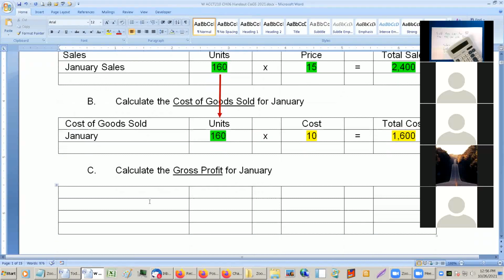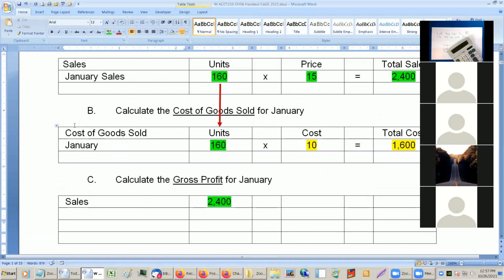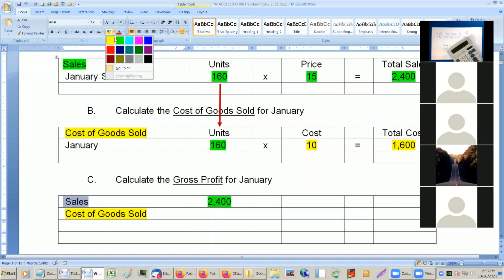So our gross profit will look like this. We have our sales, which is 2,400. Our cost of goods sold is $1,600.